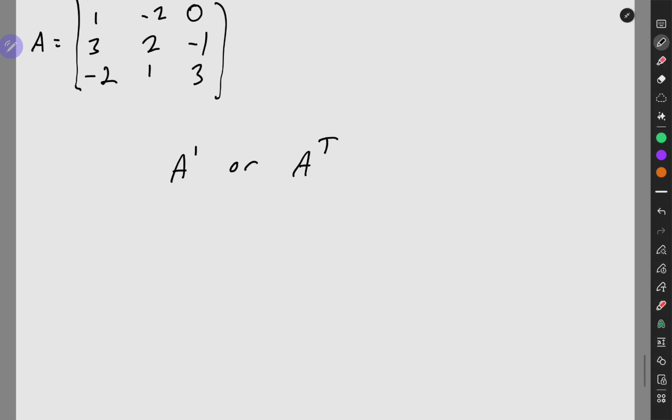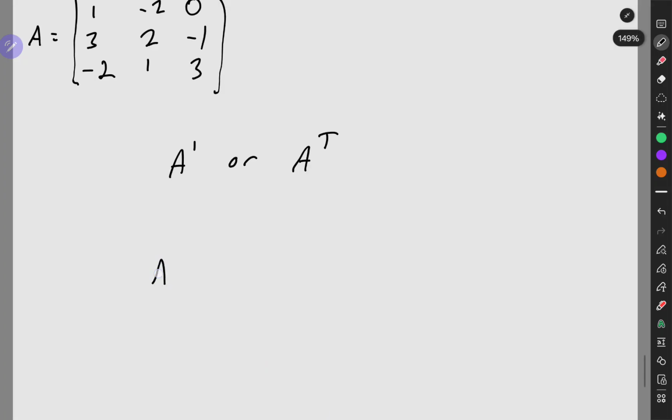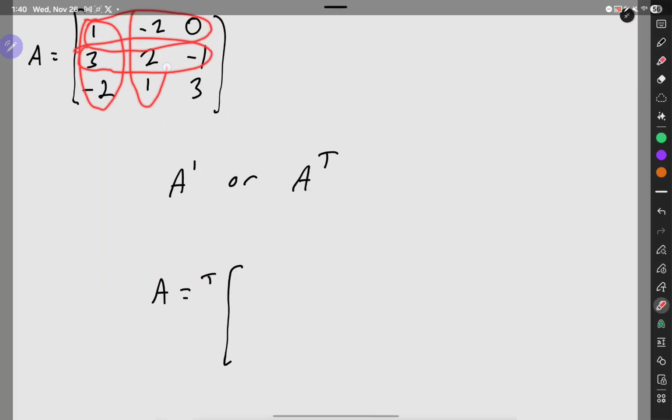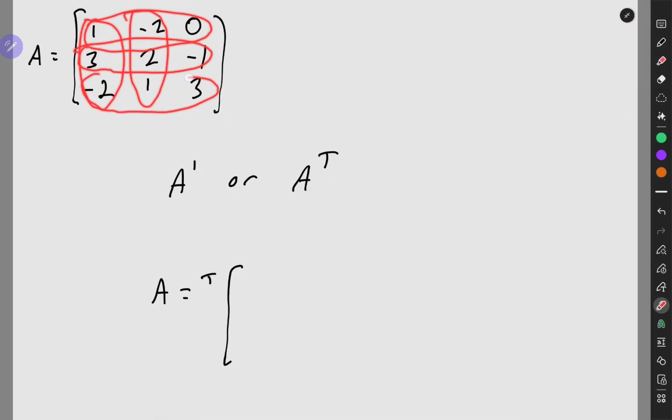All it does when you transpose a matrix is interchange the rows and columns of the matrix. So for A transpose, you take this row here and put it here. You take this row here and put it here, and you take this row and put it here. That's all you do.